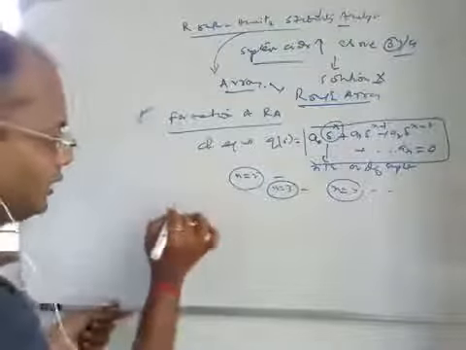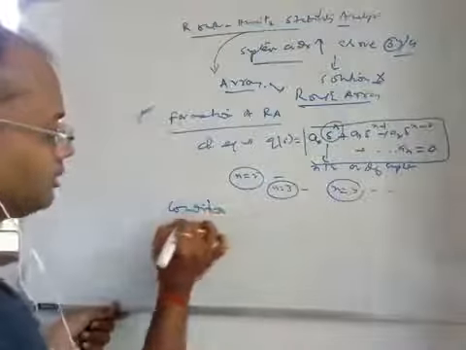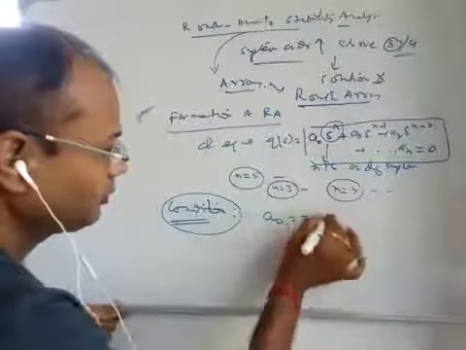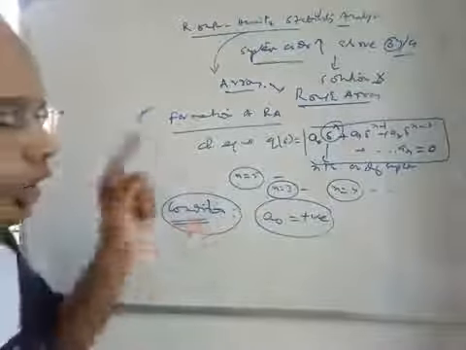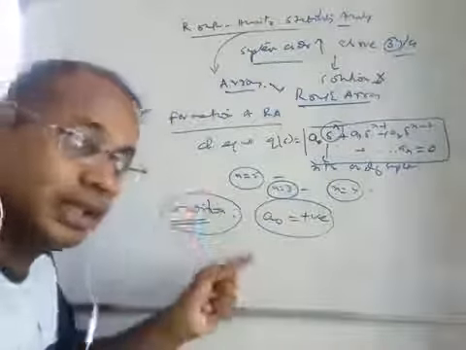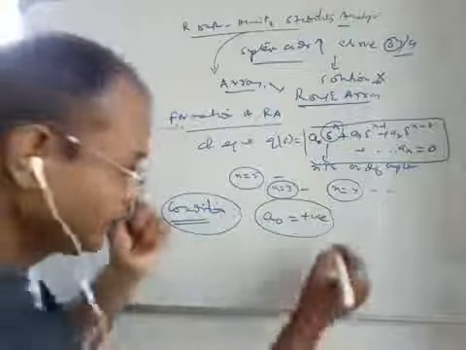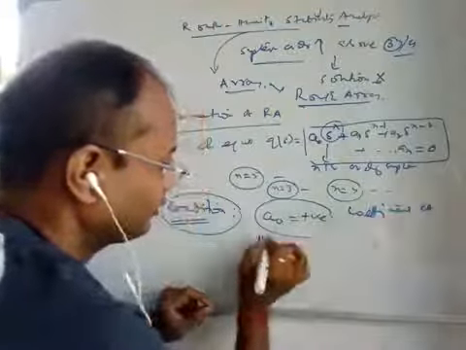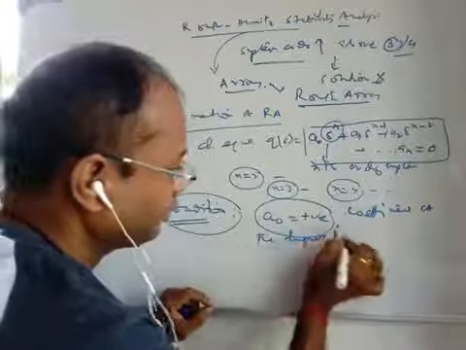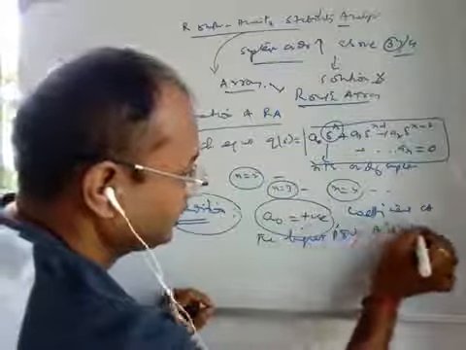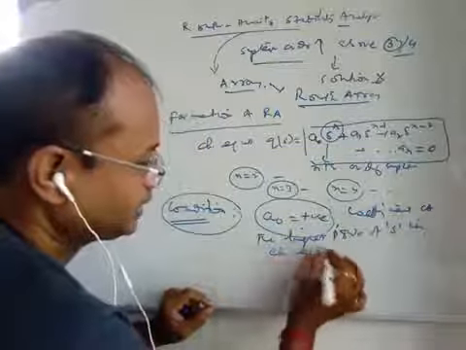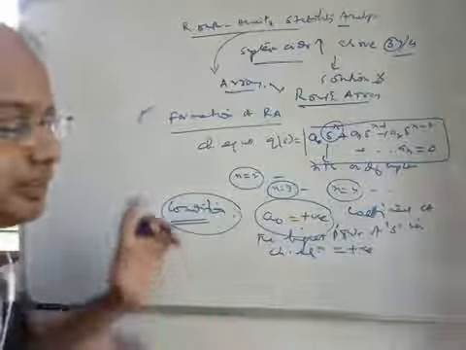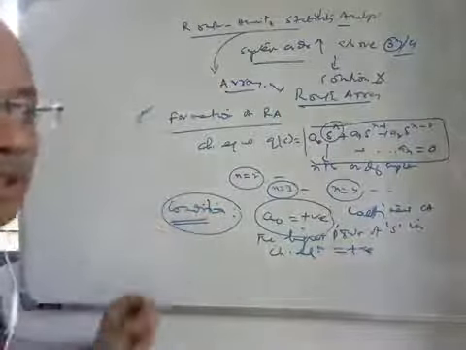This is the first condition for when the Routh array can be formed: a0 is positive, that means the coefficient of the highest power of s in the characteristic equation must be positive. If this condition is satisfied, then we may go for the formation of the Routh array, right?